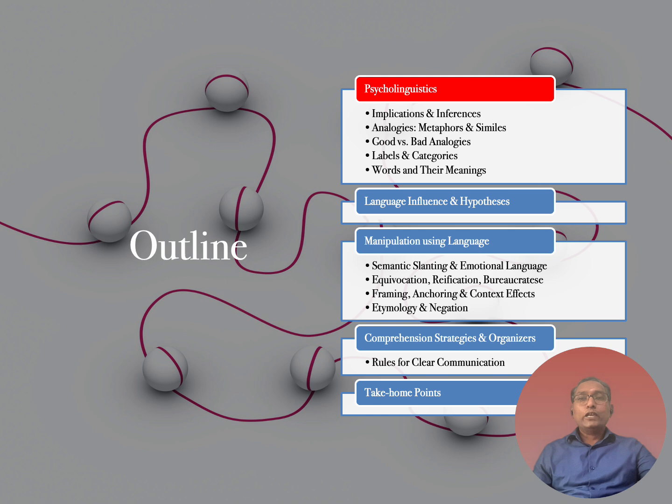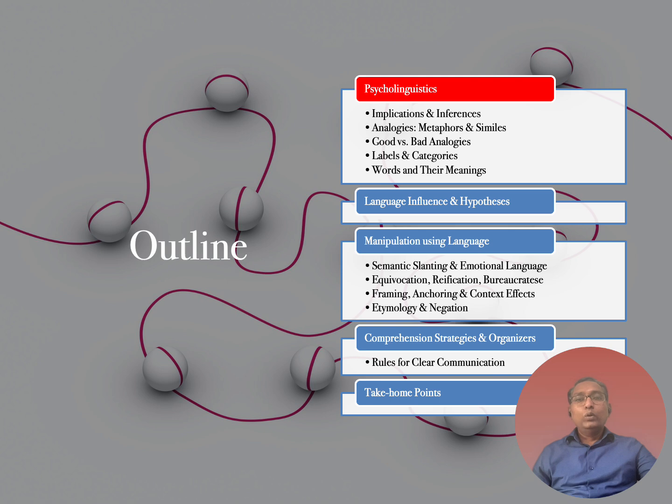Okay, so we talked about psycholinguistics and we talked about how language is an important part of thinking, and how to be aware of the constructs in language about implications, inferences, and whatnot.